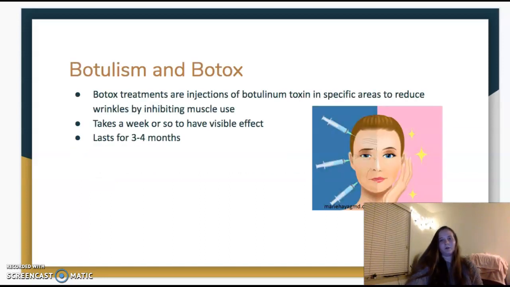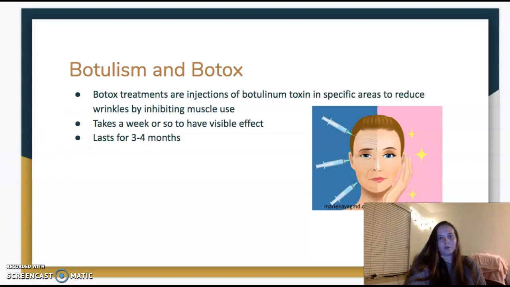So botulism and Botox. Botox is the patented name of the treatment where you inject botulinum toxin A. So it's literally just the toxin in a small amount.